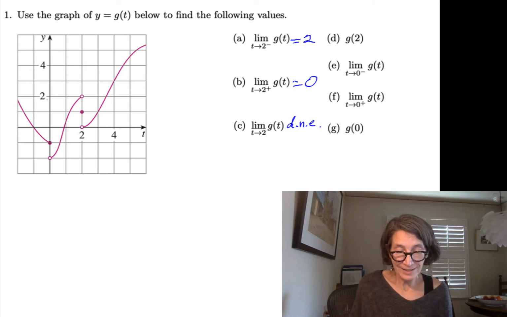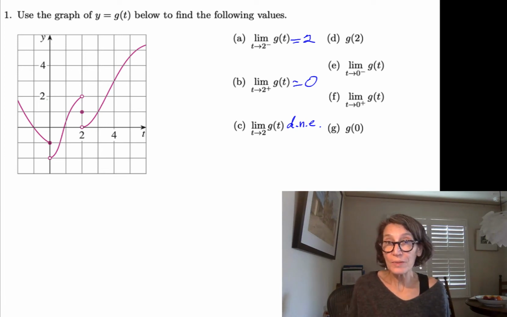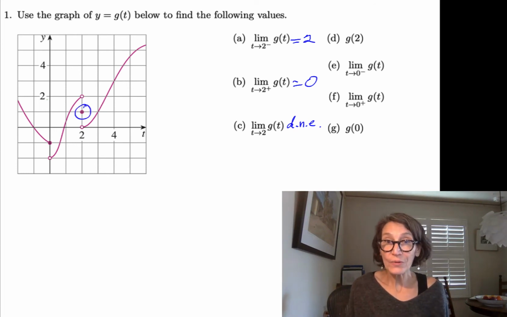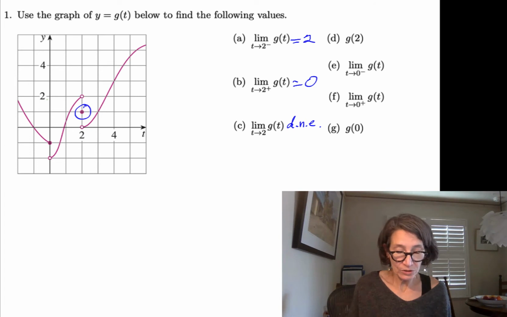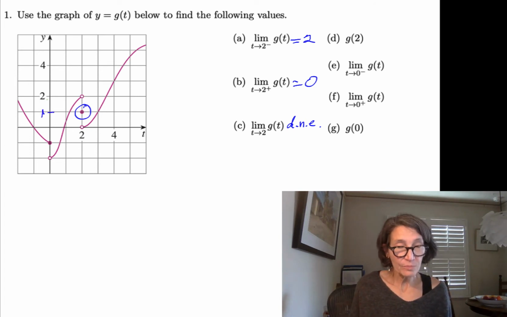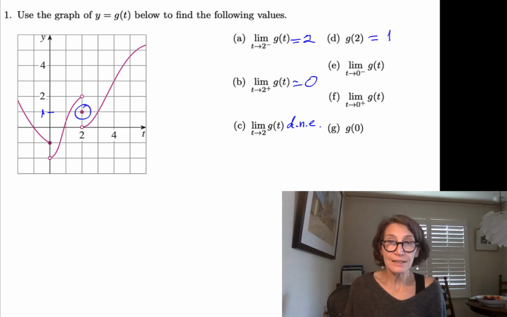And we can see there's a hole on one piece of the graph, a hole on the other piece of the graph. So there's no point there, but there is a point right there that is on the graph. So when t is equal to 2, g of t is equal to positive 1. So that's the value of the function g at t equals 2. It's equal to 1.